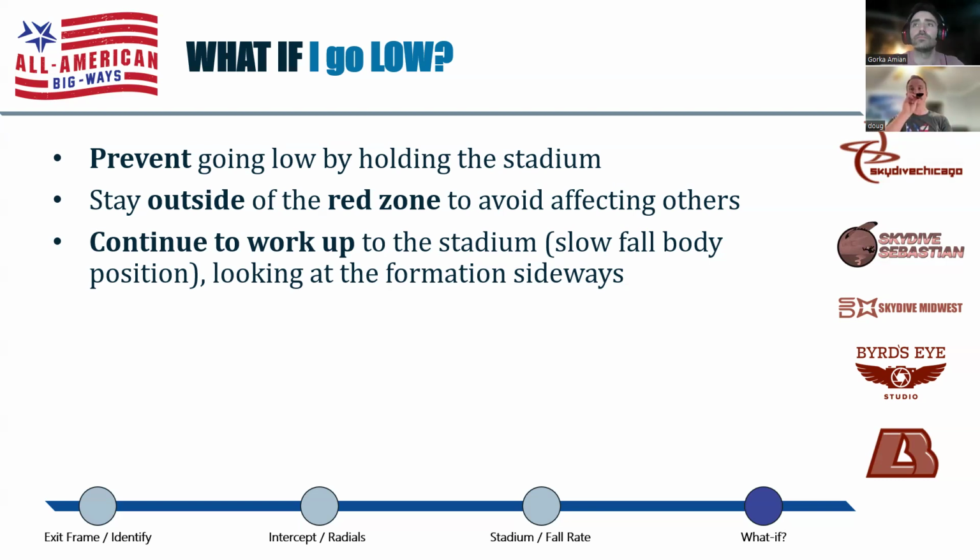If you're facing the formation like this and looking up at it, you're going to be spilling all of your air and probably be moving forward or backwards, washing around underneath. So turn 90 degrees, see it underneath your arm, and then continue to get back up into the stadium. Then you can make your turn back and face the formation, find your stadium, and make your approach into your position.